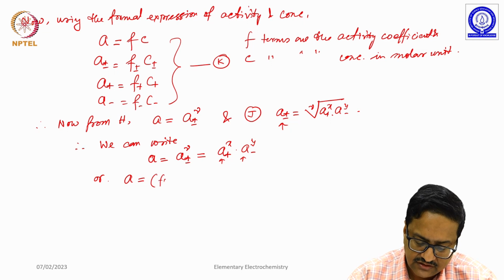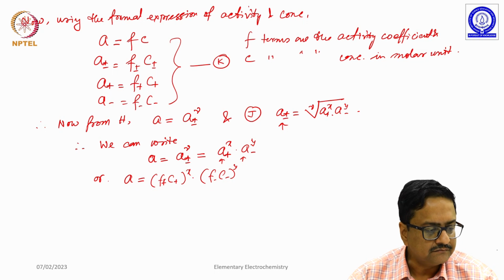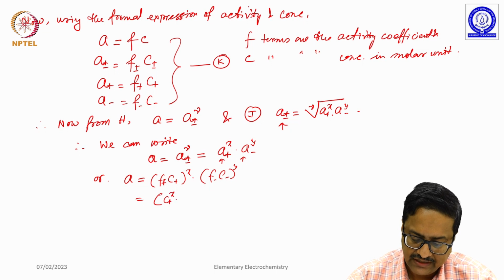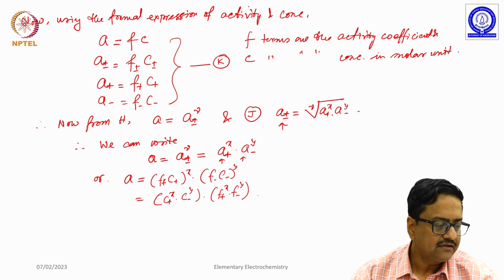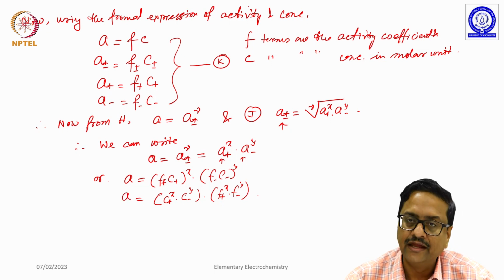So what we write is f plus c plus to the power x into f minus c minus to the power y, which is equal to c plus to the power x, c minus to the power y into f plus to the power x, f minus to the power y, right, which is equal to A.